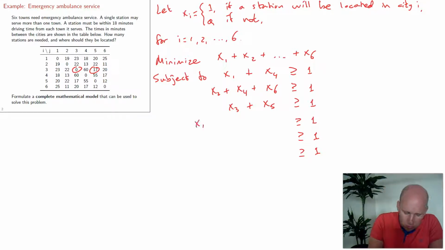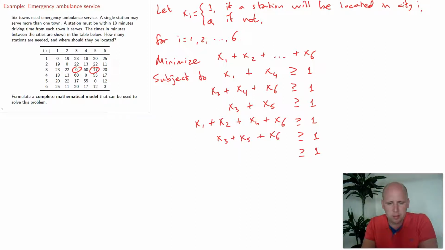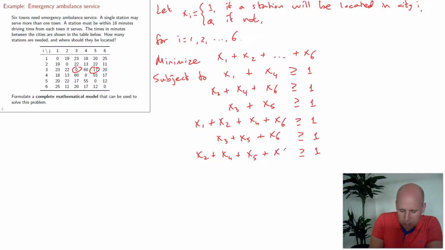So it's x1 plus x2 plus x4 plus x6. Then for city 5 it's fine to have one in city 3, city 5 itself, or city 6. And for city 6 we need one in city 2, city 4, city 5 or city 6. So these are the functional constraints.